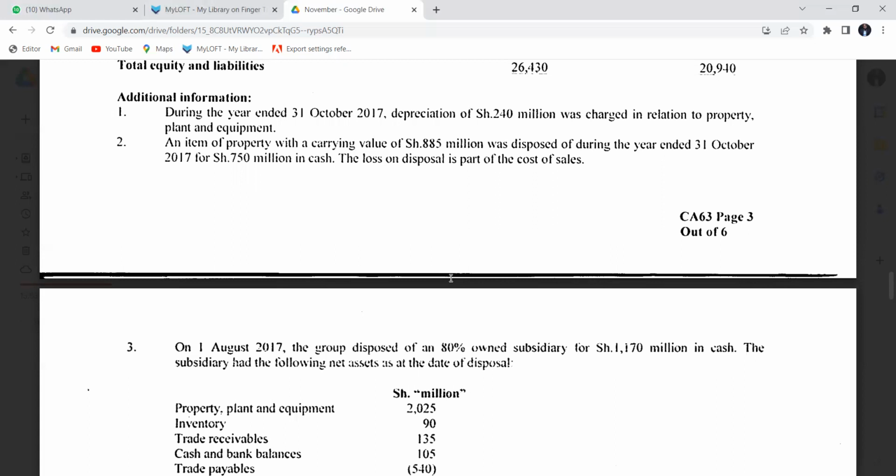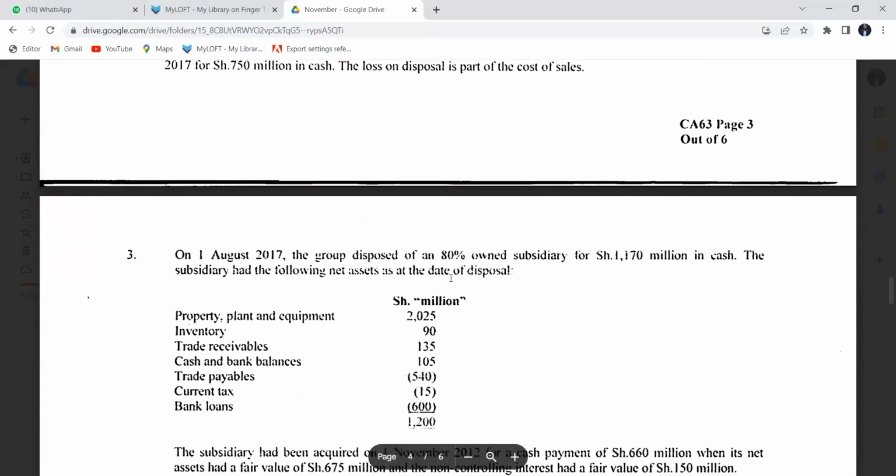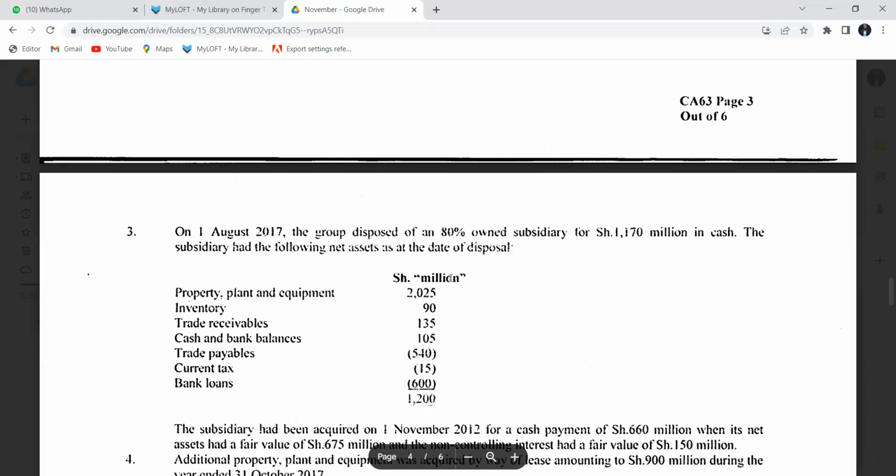The loss on disposal is part of the cost of sales. Number three, on 1st August 2017, the group disposed of an 80% owned subsidiary for shillings 1,170 in cash. The subsidiary had the following net assets as at the date of disposal. So you can see at number three, there was a disposal of an 80% owned subsidiary.